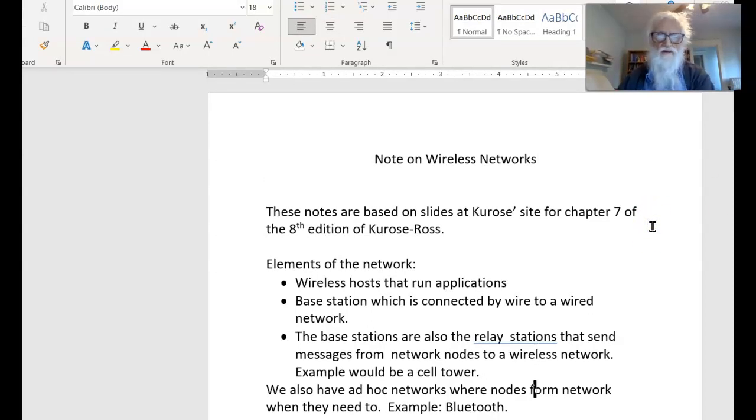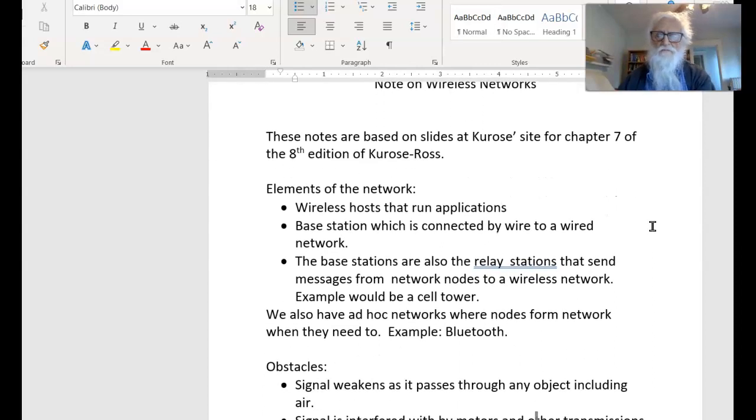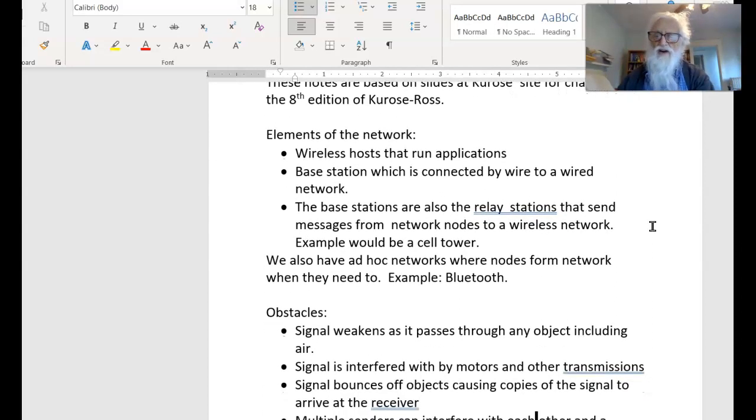So what should we say about wireless? Well, first of all, wireless has a lot of problems. The signal weakens as it passes through objects, even air, I think. And so it's not a long-distance carrier.